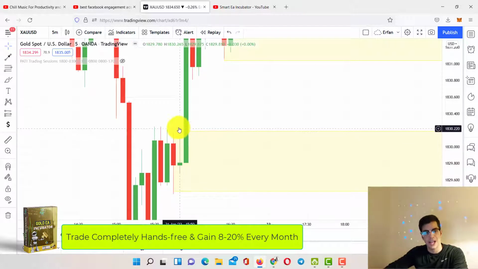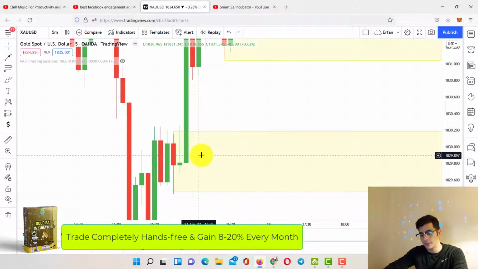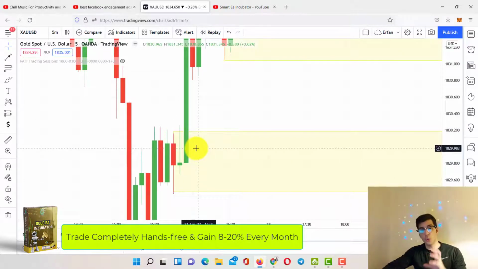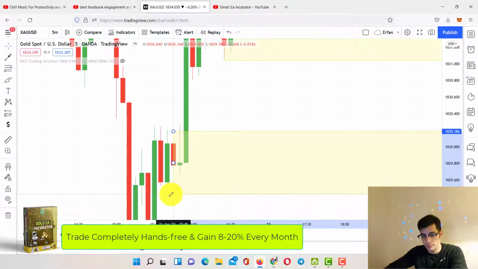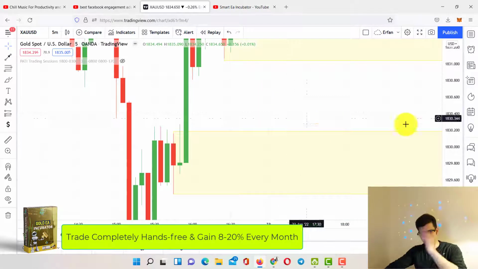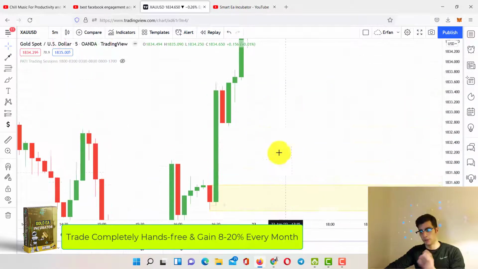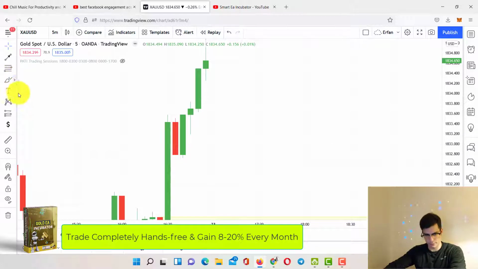As you can see, this shadow just came out of the box, and then the next candle after that opened inside the order block, so there's no gap in between. At the same time, it's not invalid. If it was invalid, it would come down from this side and break the order block. But right now it's a low probability order block, the same as this one.